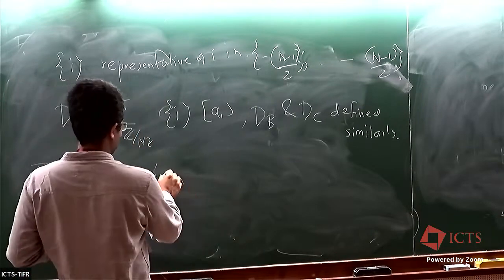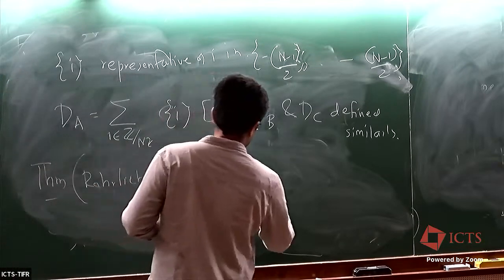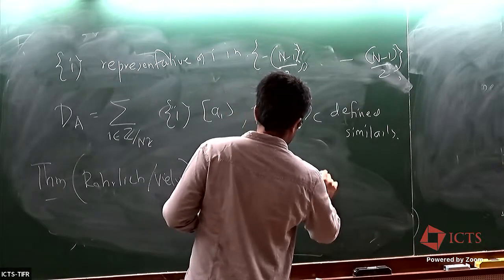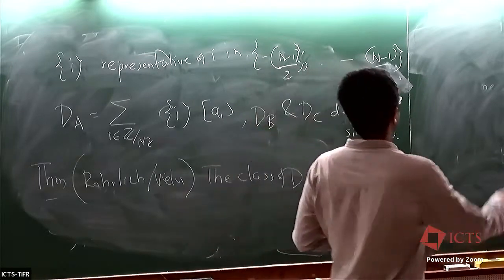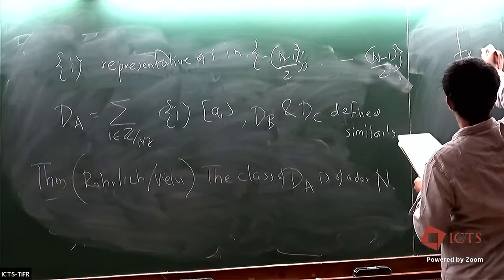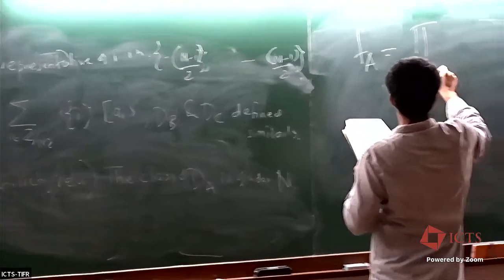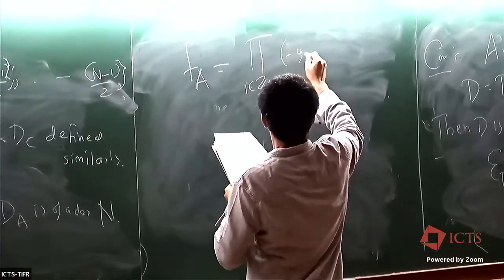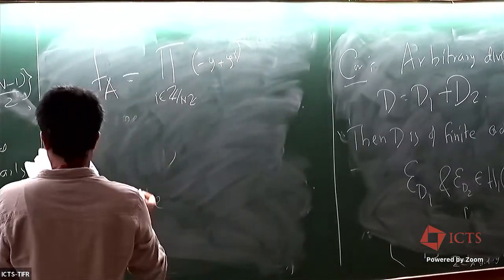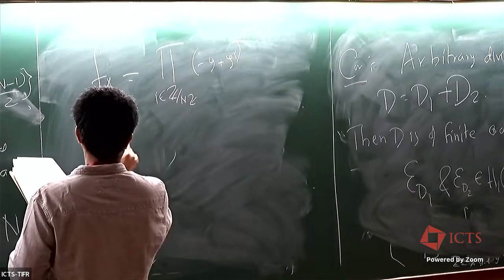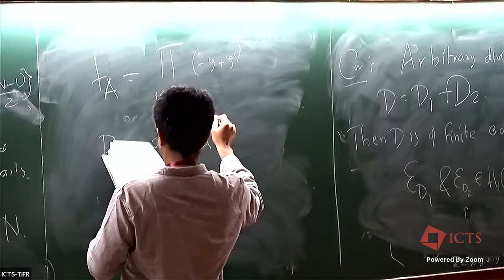Yeah, so the class of dA is of order n. So I define this F A, and so dA n.